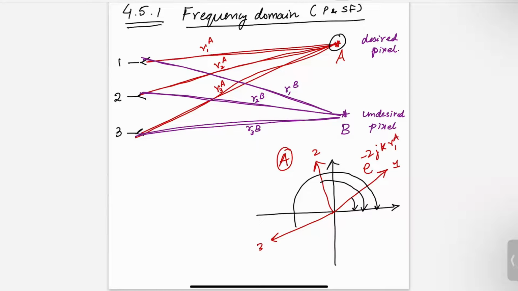This one is e to the minus 2jkR2A, and this one is e to the minus 2jkR3A, right? So to unwrap it, the first one has to be multiplied with e to the 2jkR1A. That will undo this phase, because the minus and plus cancel.